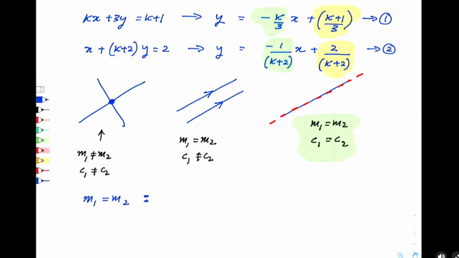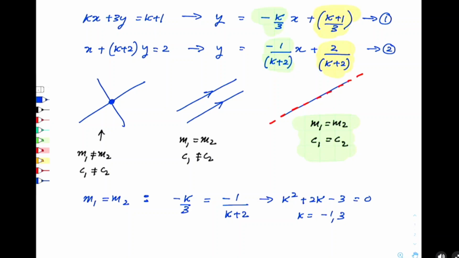So you get minus k divided by 3 should be equal to 1 divided by (k plus 2). End of the day, you get a quadratic here. That quadratic would be k squared plus 2k minus 3 is equal to 0. So you should get k is equal to minus 1 and 3. Grade 8 factorization, so you can't dance around there, right?